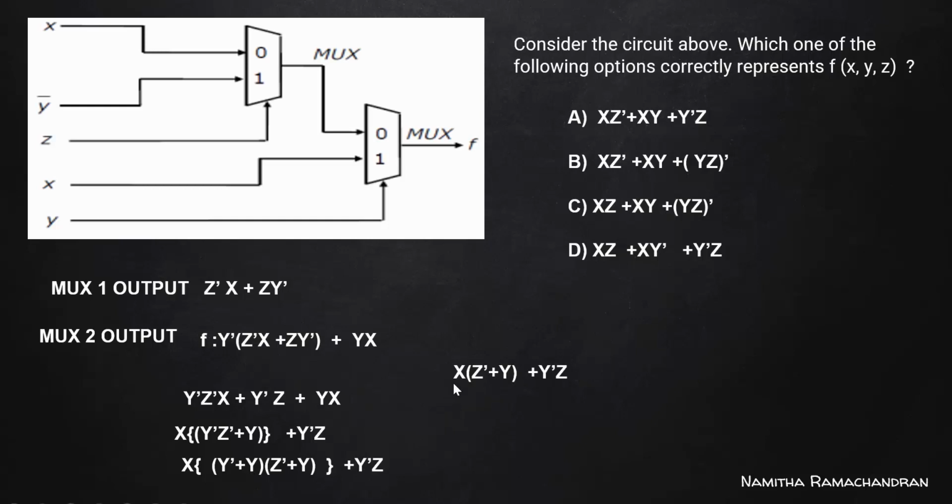So it becomes X and 1 and Z dash plus Y, which is Z dash plus Y itself, plus this term. Now take this X inside, that is X Z dash plus X Y plus Y dash Z. Now our simplified term matches our option A. So this is the expression corresponding to this F, the output of our second multiplexer.